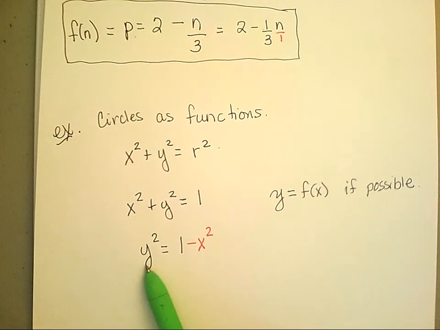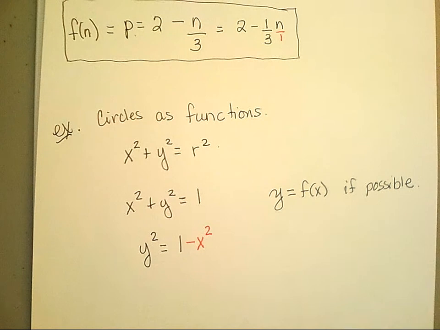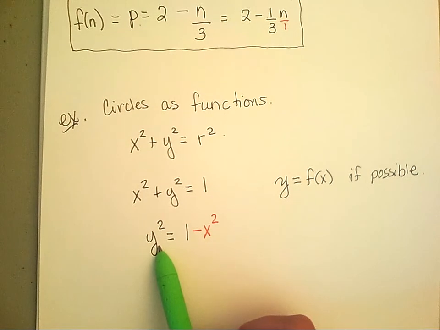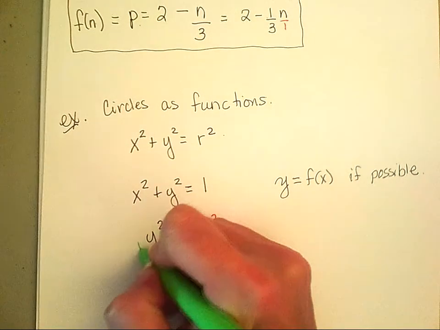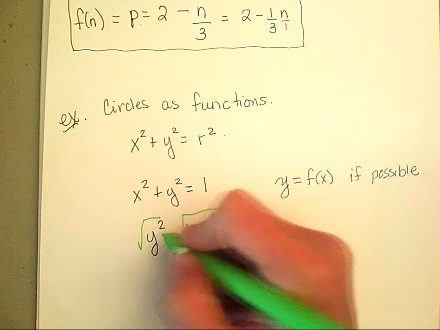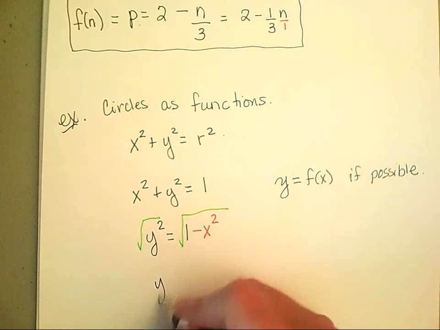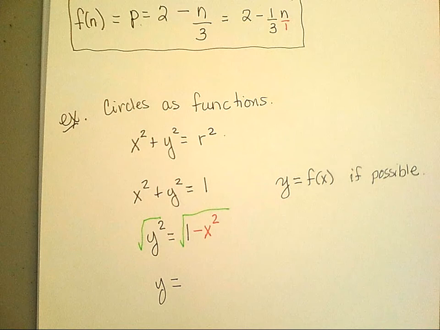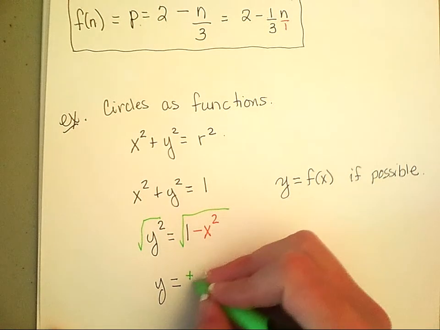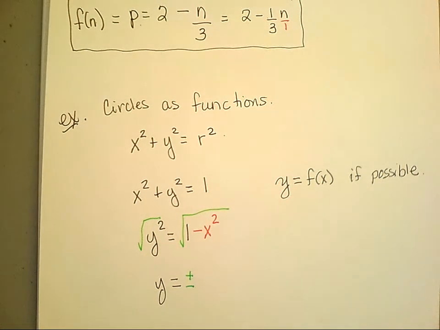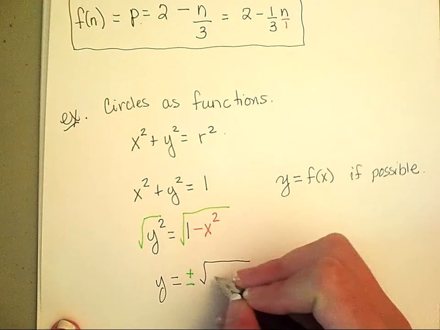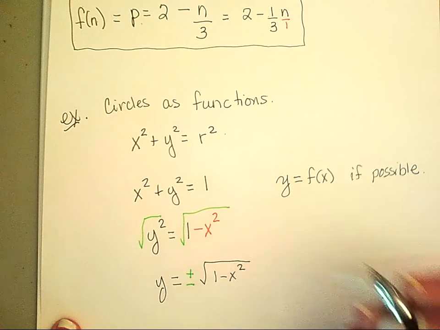Now, y squared is equal to 1 minus x squared. Y is not solved for yet, so we'll need to take the square root of both sides to undo this squaring. So we'll have y is equal to, now be careful here, don't forget the plus or minus the square root of 1 minus x squared.